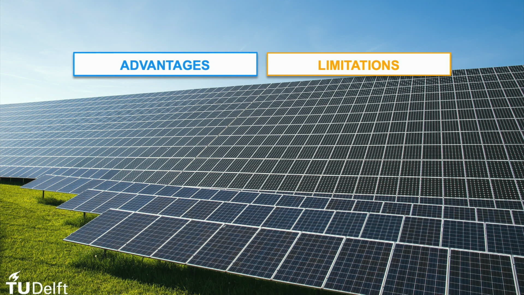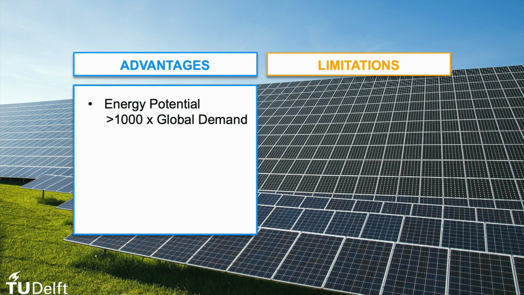Solar energy has many advantages. For one, the energy potential of solar energy is more than 1,000 times the average global power demand. Additionally, the modular nature, small unit size, and low unit investment make PV easily scalable and ideal for remote and developing locations.